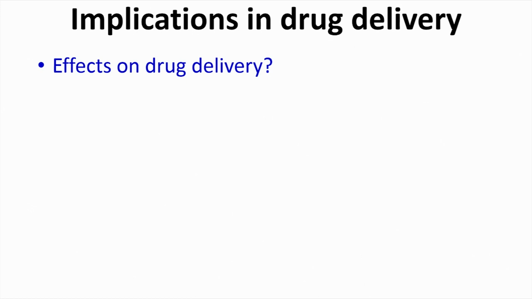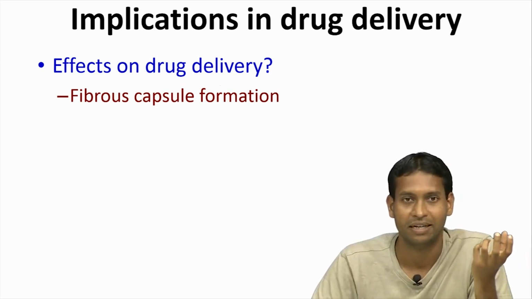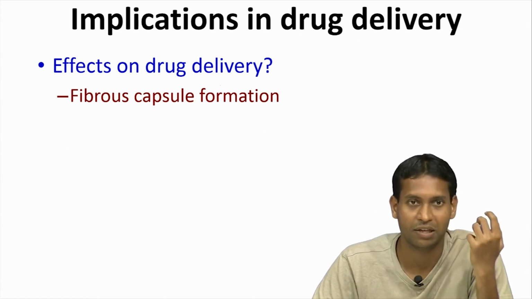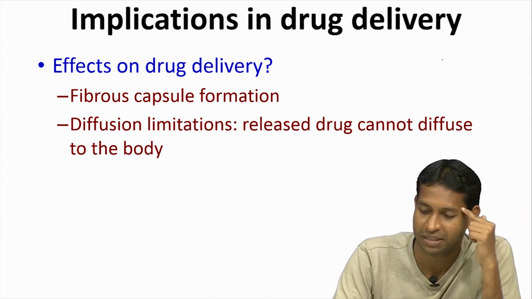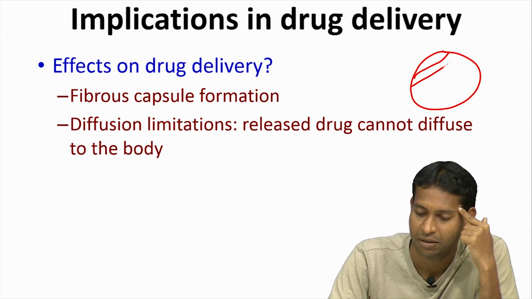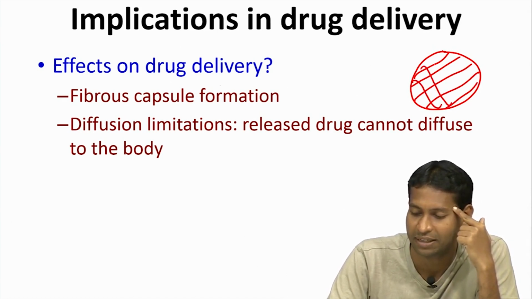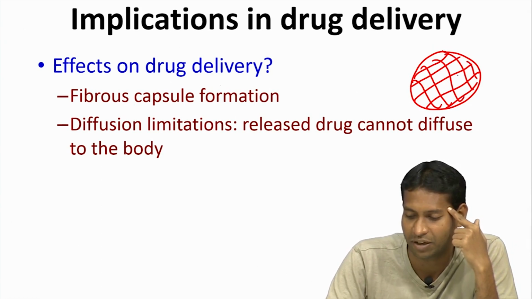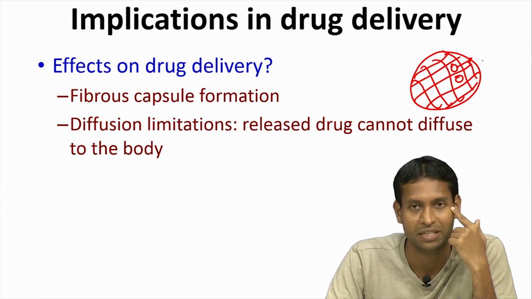So, what are the implications in drug delivery? What are the effects of this in drug delivery? First, there is a fibrous capsule that is formed consisting of fibrin clot, again not very good. Your molecule release rate will change. It is causing diffusion limitation, because earlier you had modeled, let us say this was PLGA particles, and you thought that it is going to degrade at a certain rate, or the drugs are going to diffuse out from these pores at a certain rate and come into the system immediately.